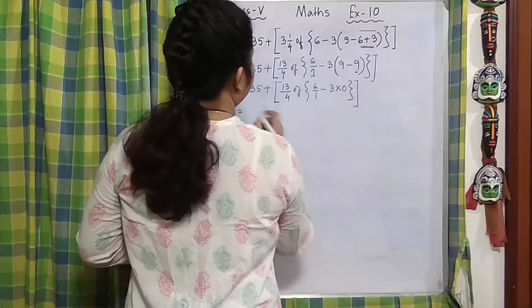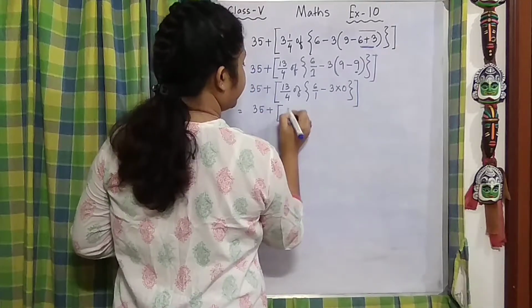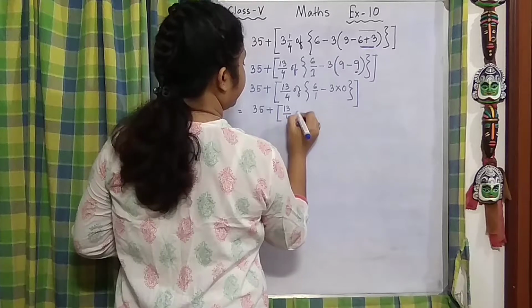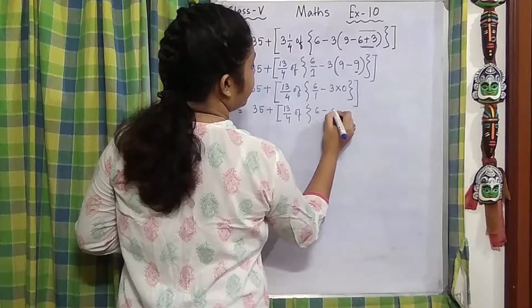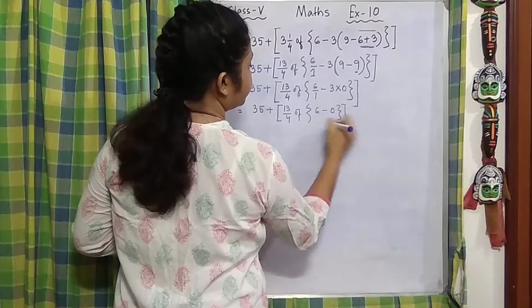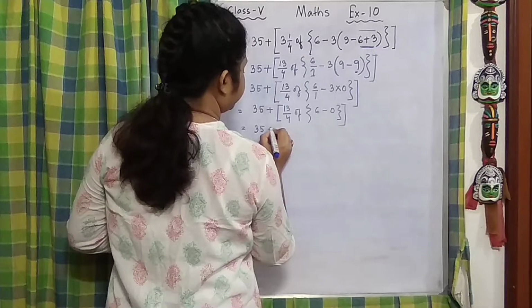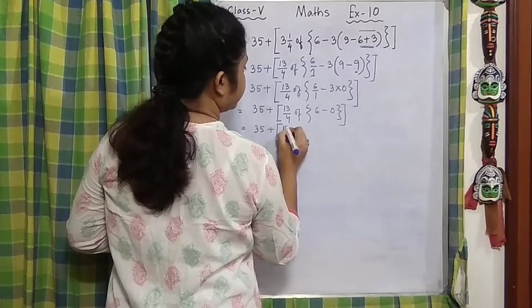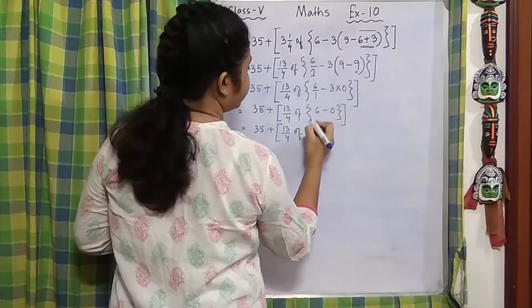Now 3 multiplied with 0, it gives a 0 as well. Minus 0. So 6 minus 0 gives what? 6 as usual.